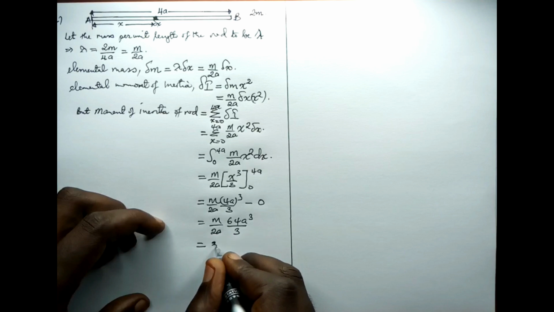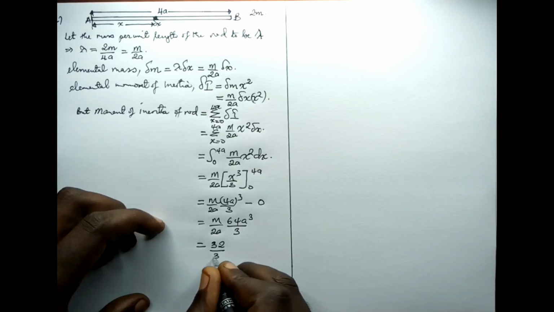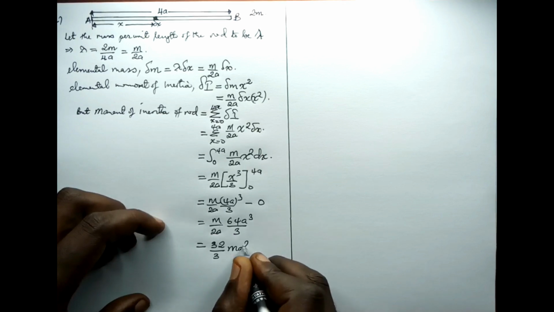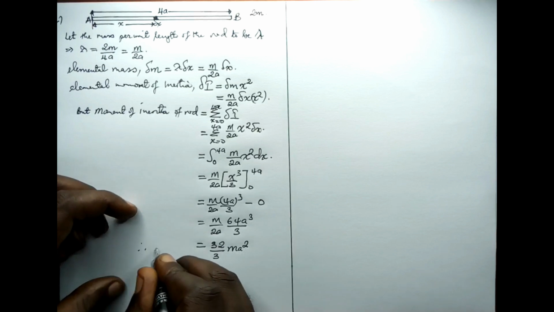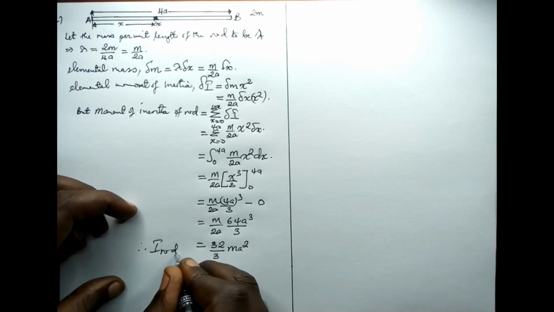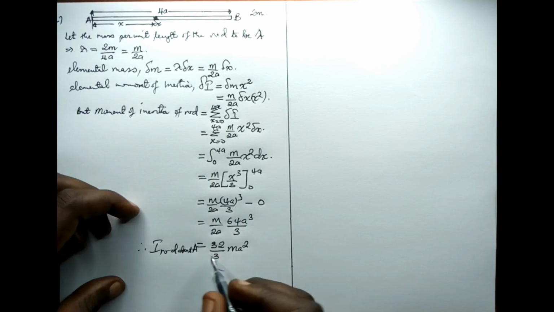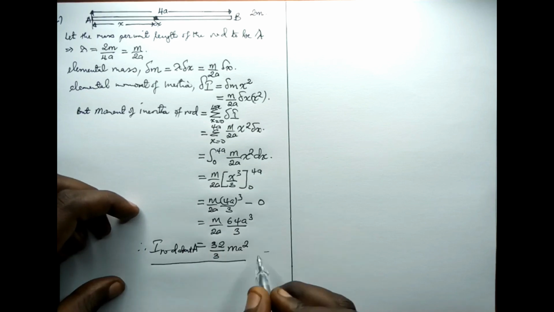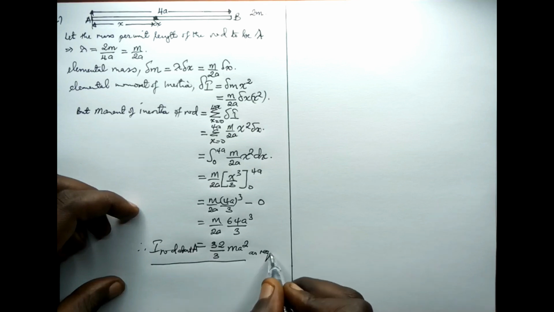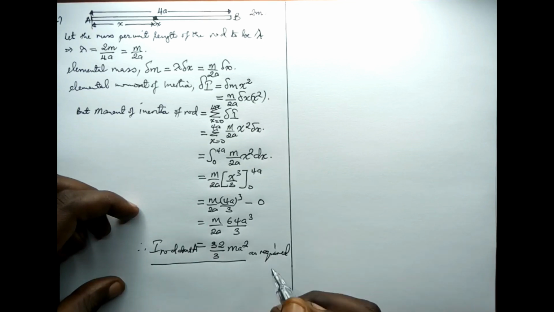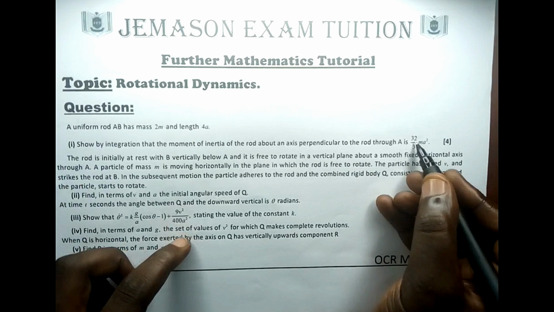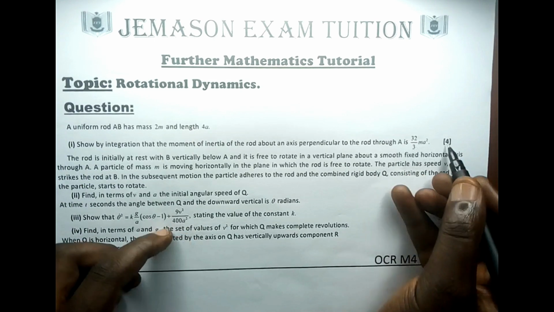And so we have 32 all over 3 ma squared. We say therefore I of the rod about A equals that, as required. And that is what the question asks us to prove for 4 marks.